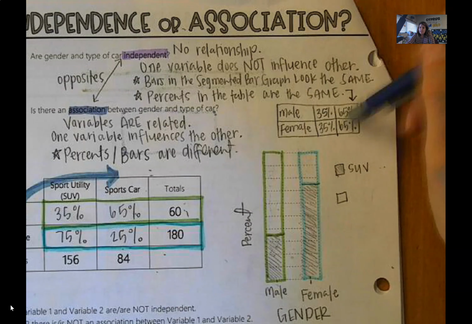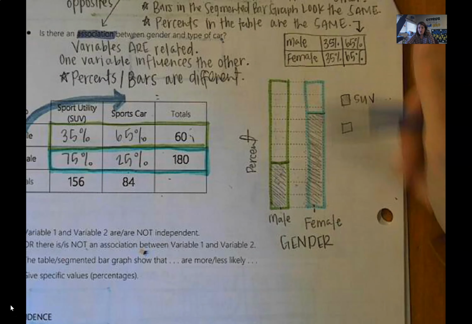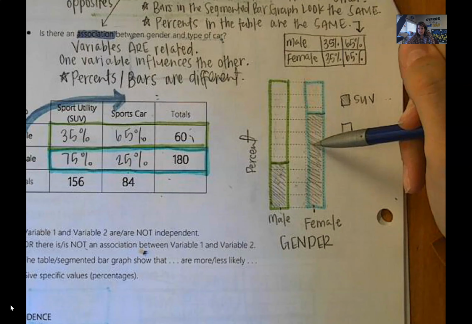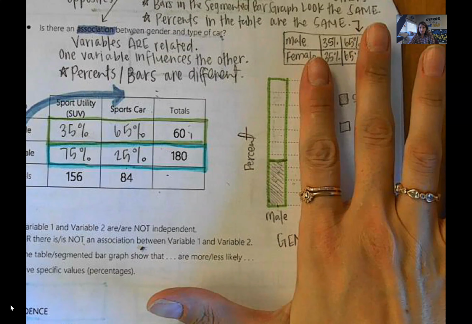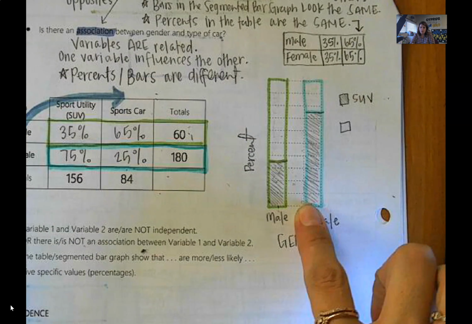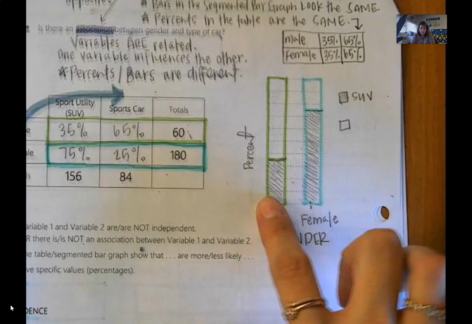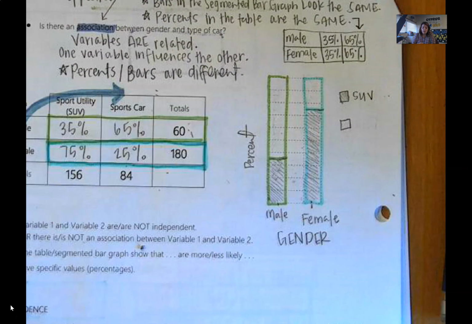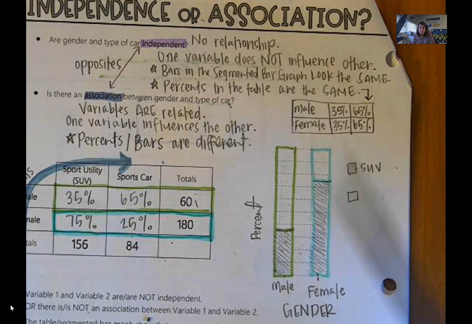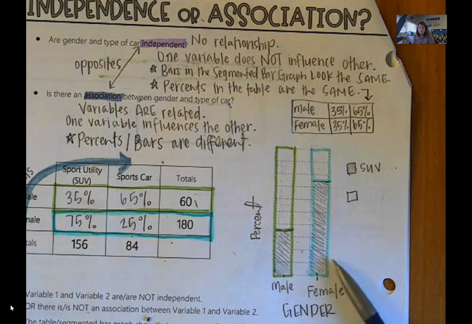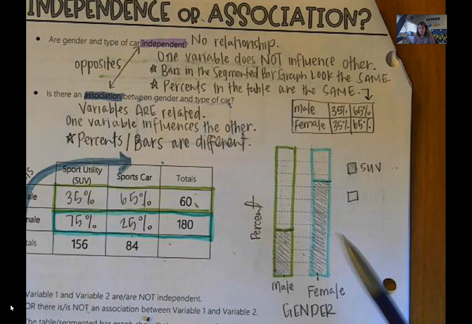If these percents were the same, then obviously these segmented bar graphs would be exactly the same. They would both look like this, and the only difference would be that this one is colored in a different color than this one. So if there is no relationship, percents are exactly the same, the bars in the segmented bar graph look exactly the same.